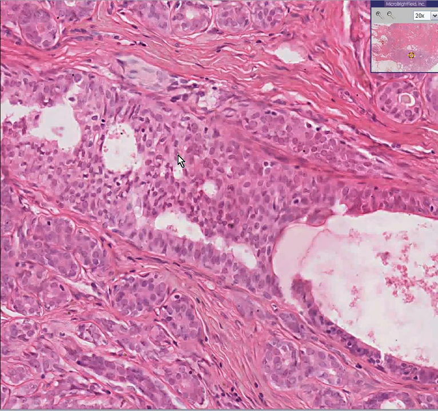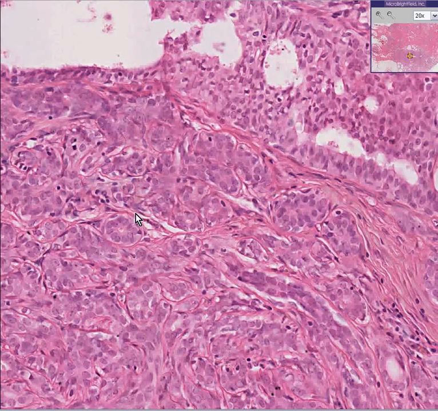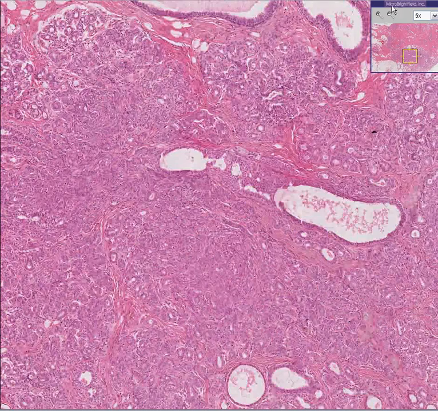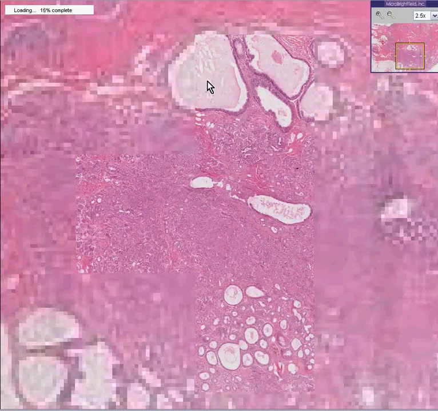But notice even within the lobules, it looks like there's increased proliferation of cells. So this is what we would call the stage of fibrocystic disease that has as a component hyperplasia as well. There's no doubt that there are cysts, like you see here.